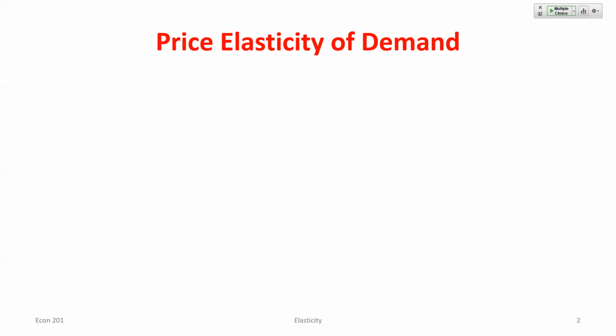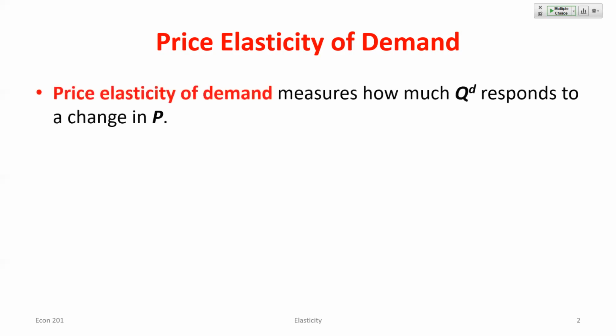So how elastic demand is. The word elastic means how much it can move, right? How flexible or how responsive something is. So we're talking about price elasticity of demand. When the price changes, we know what's going to happen to the quantity demanded. When the price goes down, people want to buy more, right?